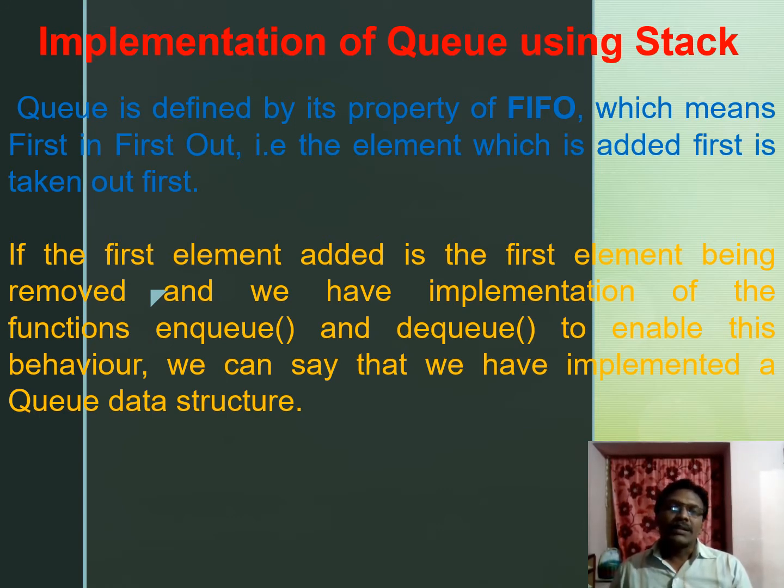The enqueue function is used for insertion of an element into the queue, and the dequeue function performs removal from the queue. These are the two basic functions of a normal queue.